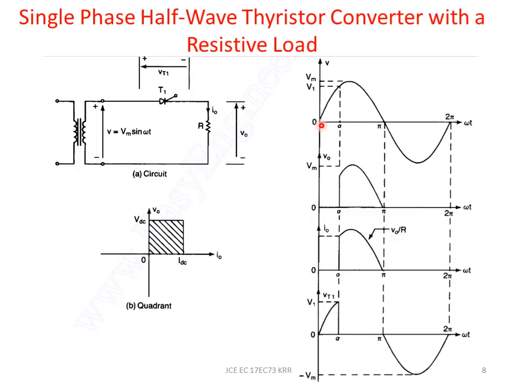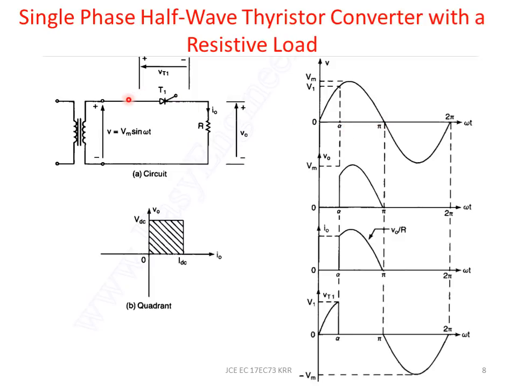When the thyristor is off, that is from 0 to alpha, no current will flow through the load, and hence the load voltage will be 0. So from 0 to alpha there will be no load voltage. After alpha, the thyristor will turn on and start to conduct.